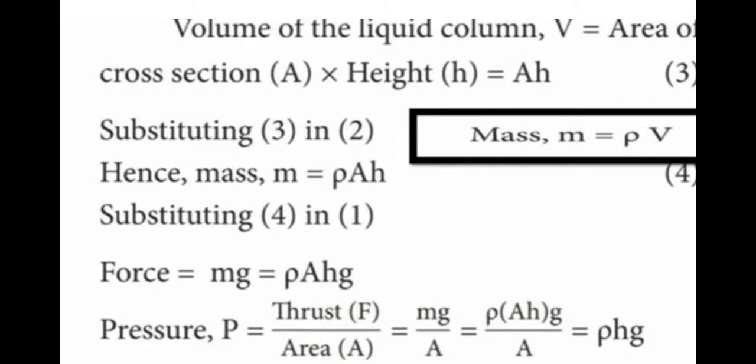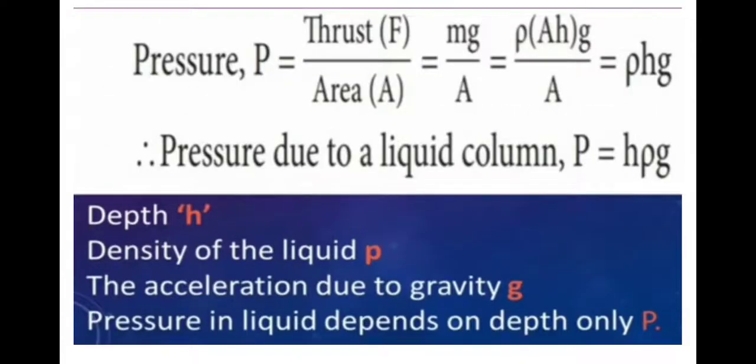Now finally we get P is equal to rho hg. Pressure due to a liquid column is equal to rho hg. This expression shows that pressure in a liquid column is determined by depth, density of the liquid and acceleration due to gravity.